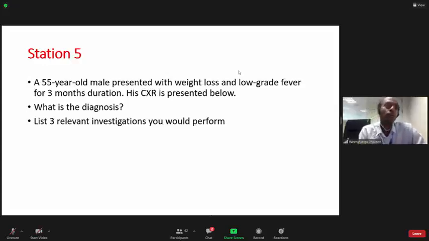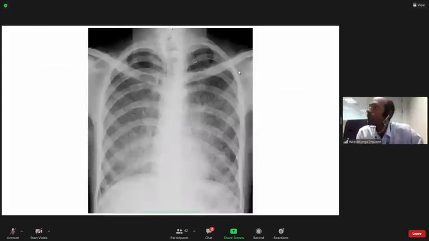Okay. Right, so let's move on to the next few things. Station 5 is chest X-ray. So 55-year-old male with weight loss, low grade fever, 3 months. Remember when we were doing X-rays, I told you this is a sort of, you can see very fine nodules all over the lung fields, fine, very fine nodules, and this is called miliary shadowing.